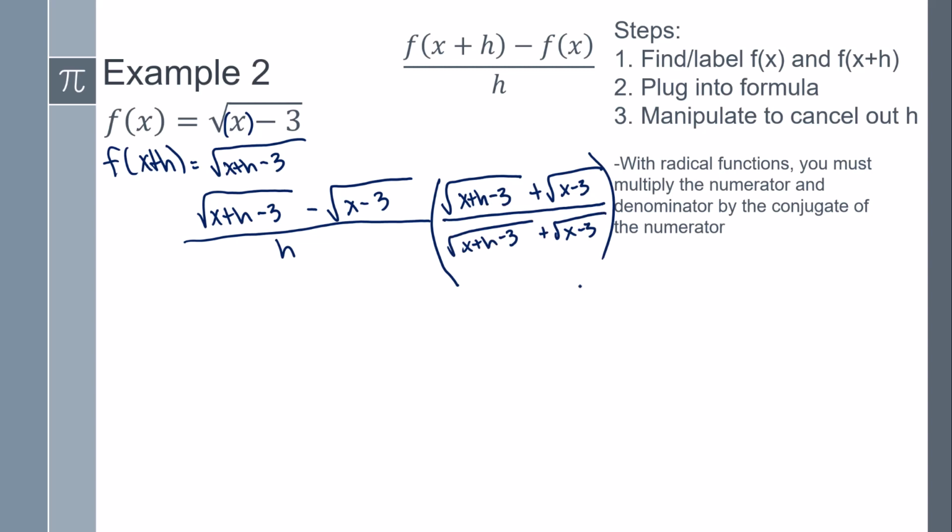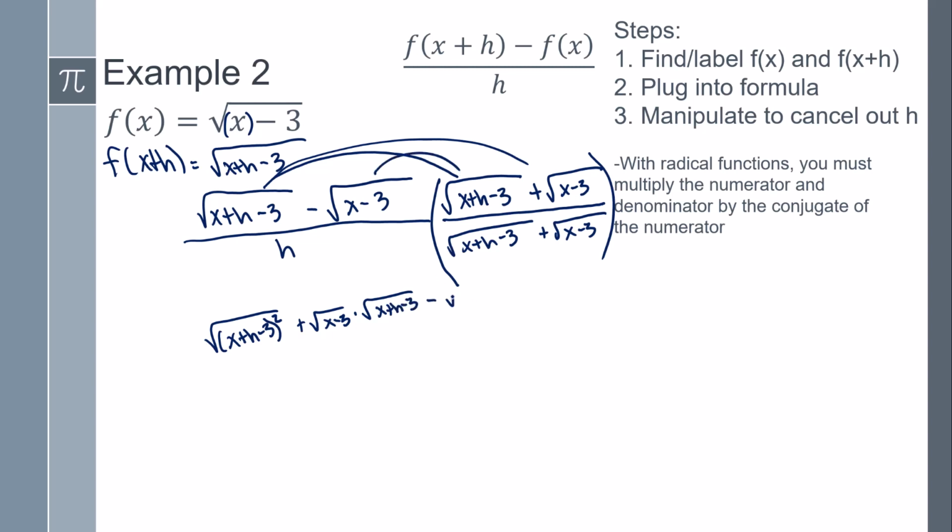Now when you multiply this out, since I have two of them, that's squared, plus square root of x minus 3 times the square root of x plus h minus 3 minus square root of x minus 3 times square root of x plus h minus 3. And then last, minus x minus 3 squared.